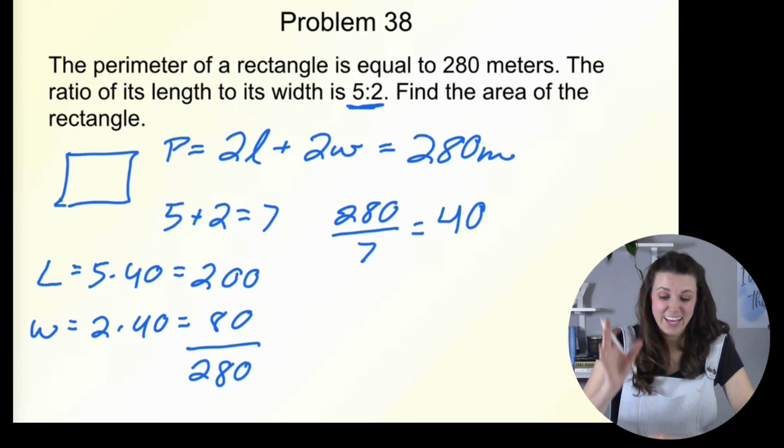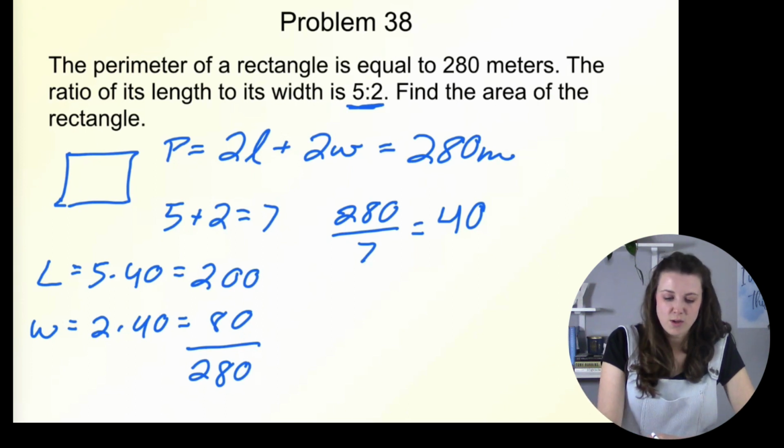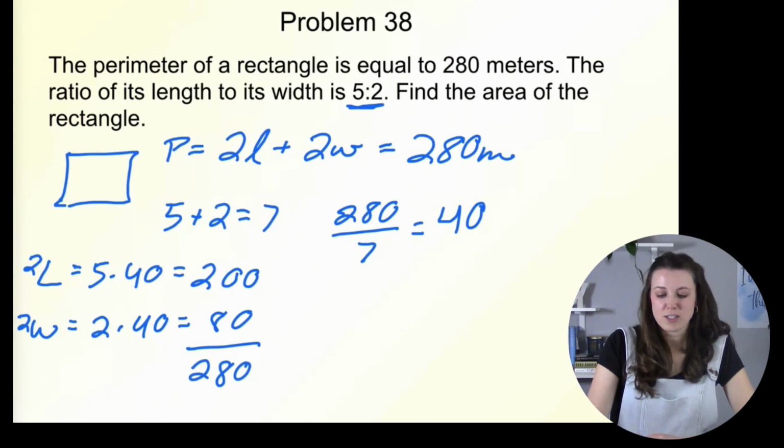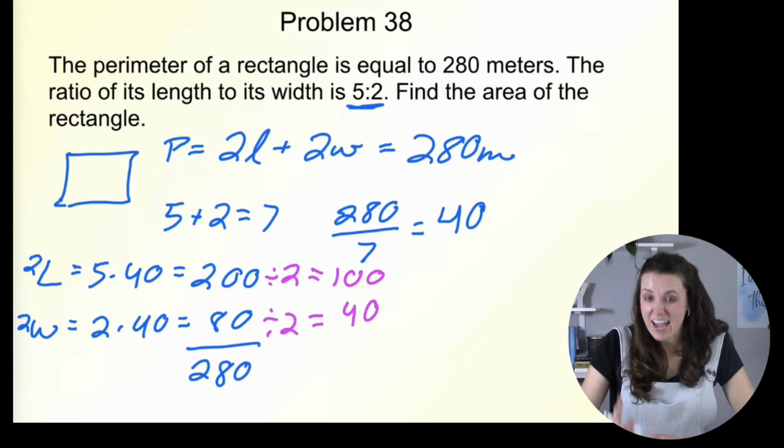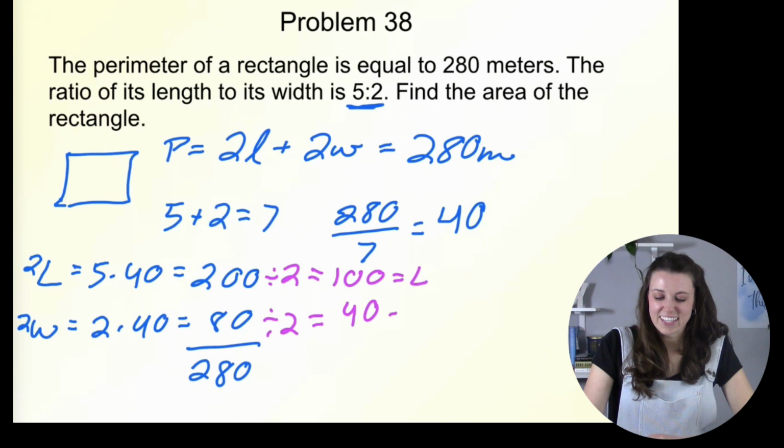But that's for the length and the width of everything, right? So I guess we can put the little 2 right there. So we actually need to divide both of these by 2. And 200 divided by 2 is going to be 100, and then 80 divided by 2 is going to be 40. So now we've got this is the length, and this is the width.